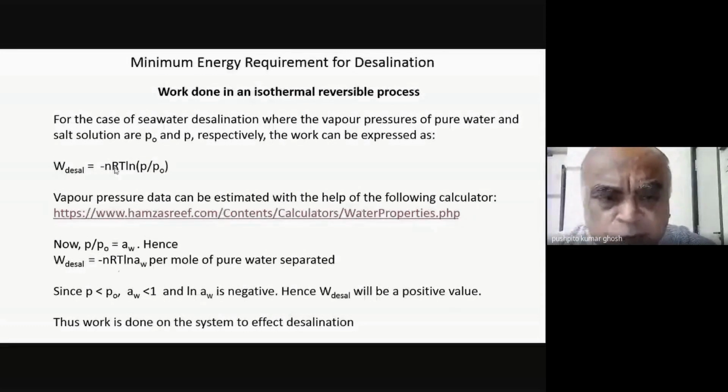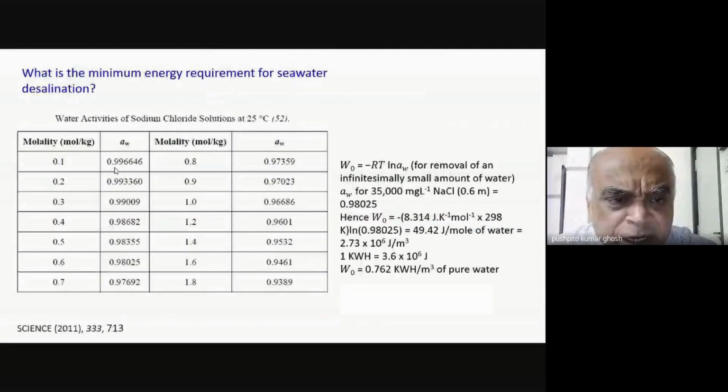So that's really what reversible means, which means that effectively after the desalination, there is not going to be any change in the water activity coefficient, because I've really taken out only a tiny amount of pure water, but I've processed a large amount of water, and that's how I generate 1 m cube.